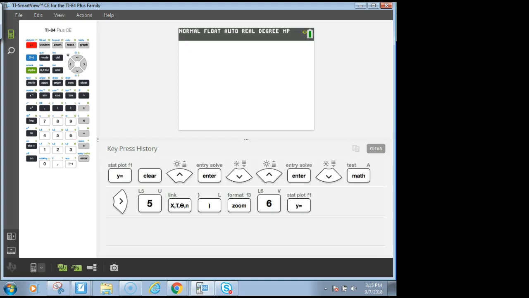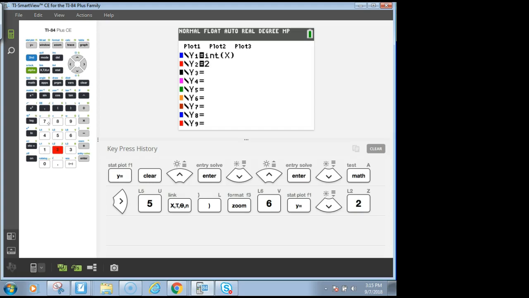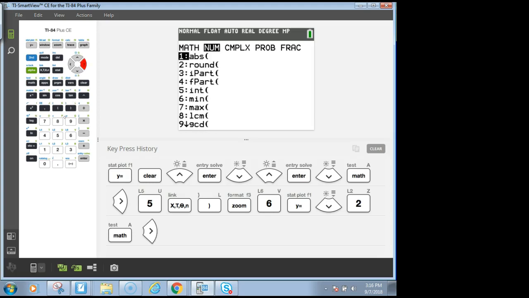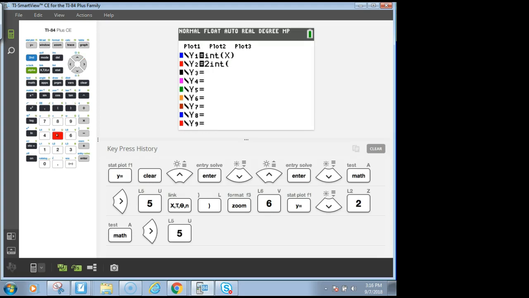Go back to y equals. Let's do this 2 times. So I'm going to hit 2, math, over to NUM, 5. Let's do X. What was one of them we did?